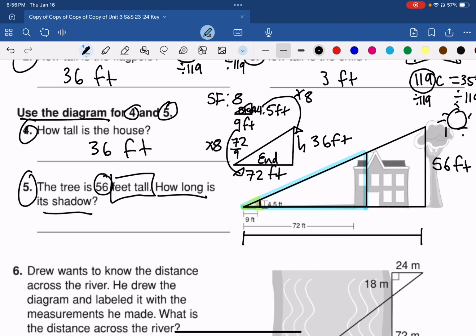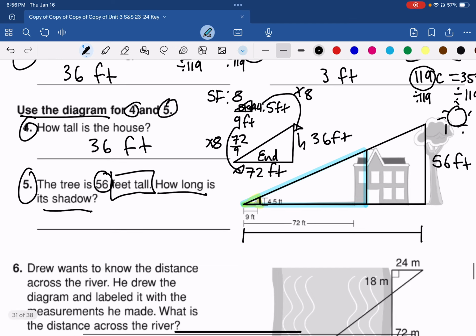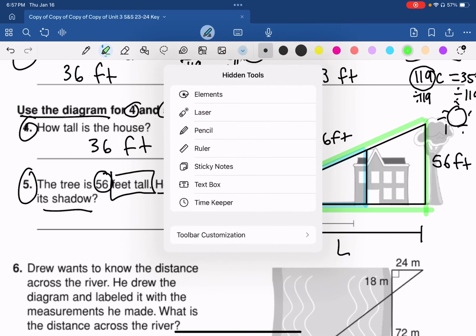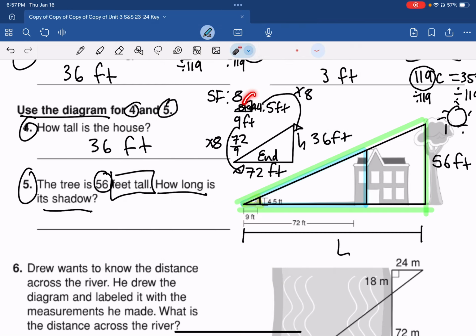So, I don't know how long this shadow is, but I do know how tall it is. I've got this big old triangle right here, and I can compare it to any of my other triangles on this page. I can compare it to this one, or I can compare it to that one.